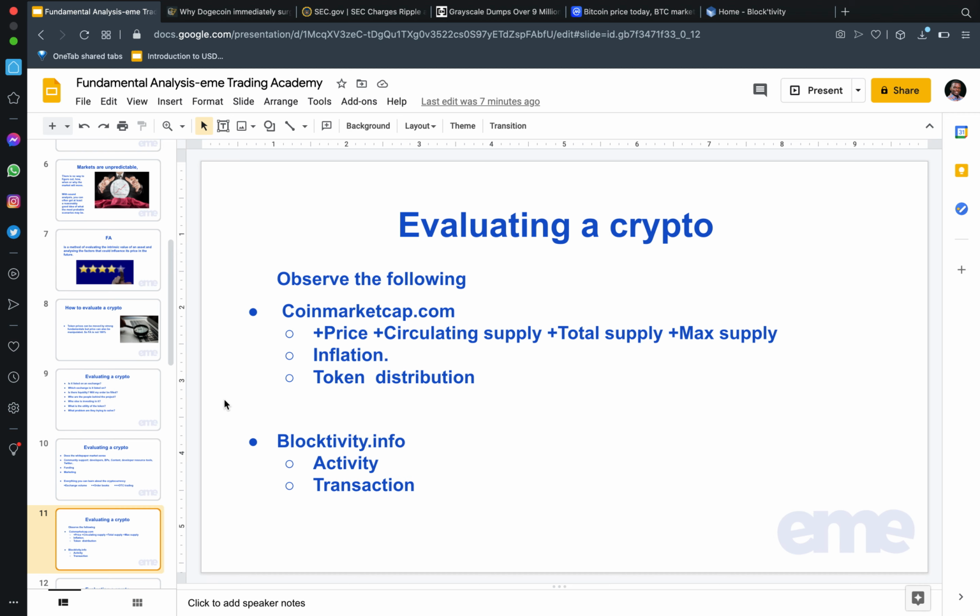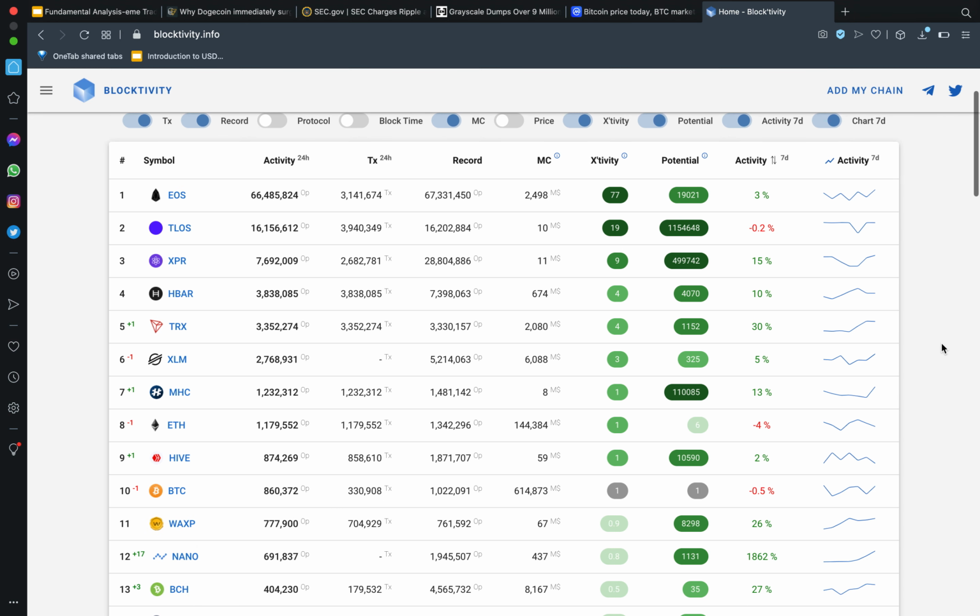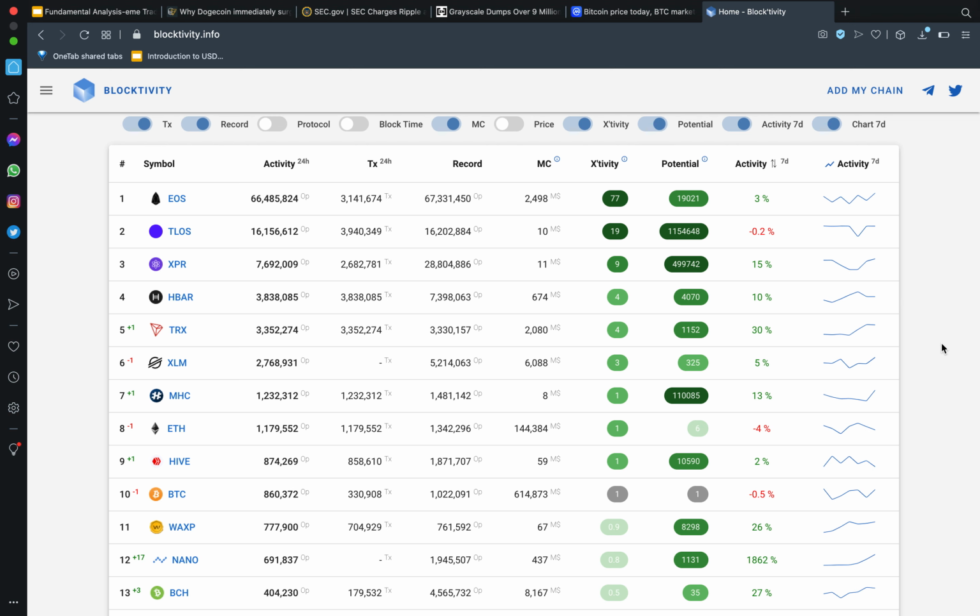All right. And then another site where you can get information about cryptocurrency is blocktivity.info. Blocktivity measures the number of transactions that a blockchain can perform per second. All right, and you can look at this to assess the strength of the blockchain.